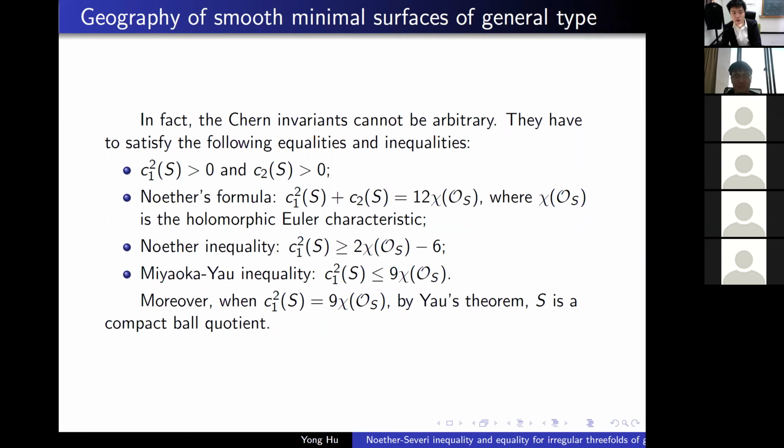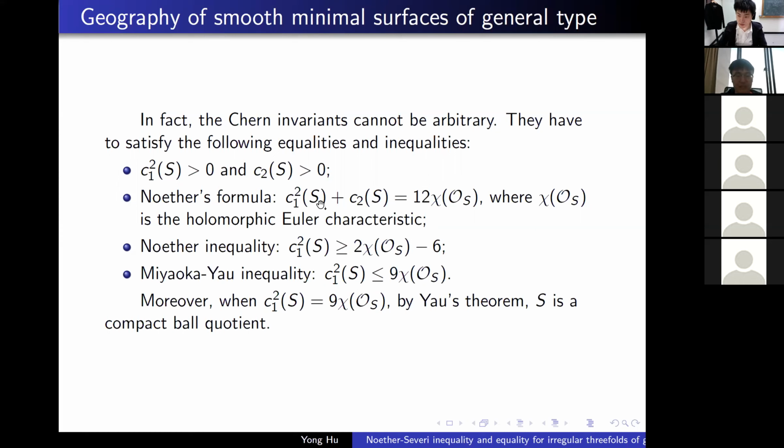Okay. Yeah. The second one is Noether's formula. It says that c1 square plus c2 is equal to 12 chi(O_S). Here, chi(O_S) is the holomorphic Euler characteristic, and it is an integer. So this means that c1 square plus c2 is divisible by 12.